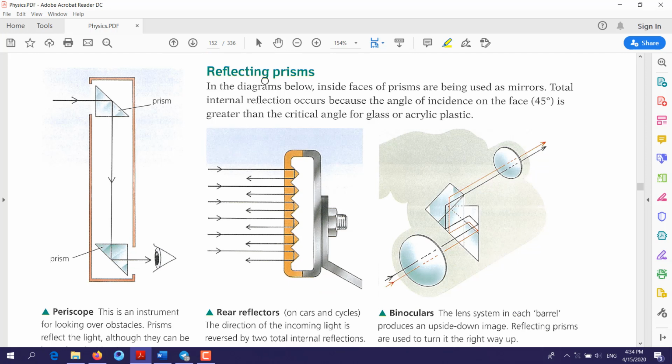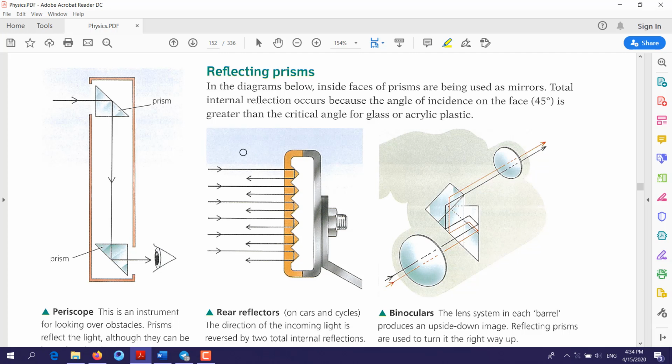Reflecting prisms. If you remember, last lesson we talked about prisms. We said a prism is a triangle shape made of glass or plastic. When light passes through it, it deviates or refracts.